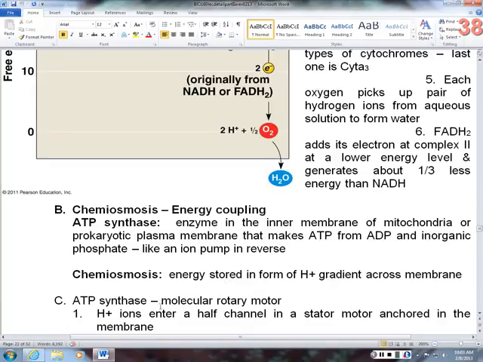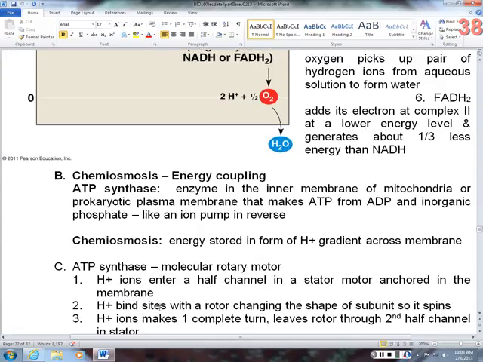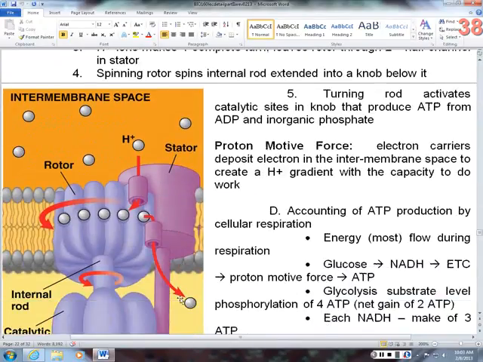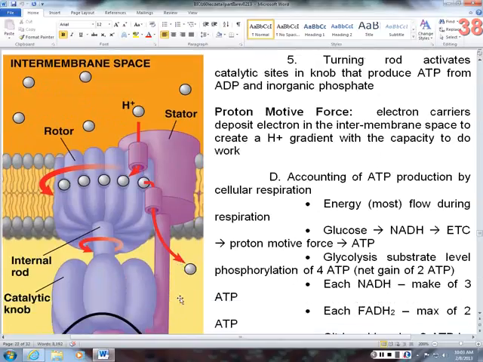And so that ATP synthase works on a rotary motor in there. So what's going to happen is you've got this rotary motor in here where you're going to have the hydrogen ions come in and the thing spins around.